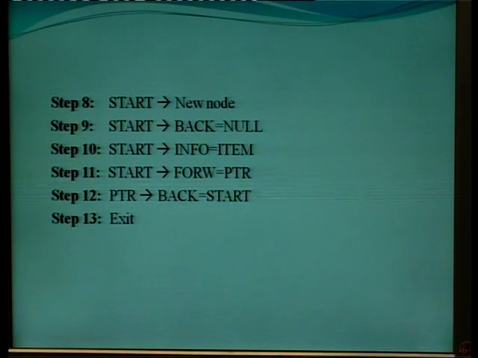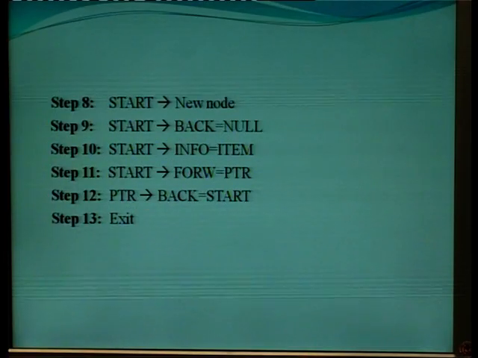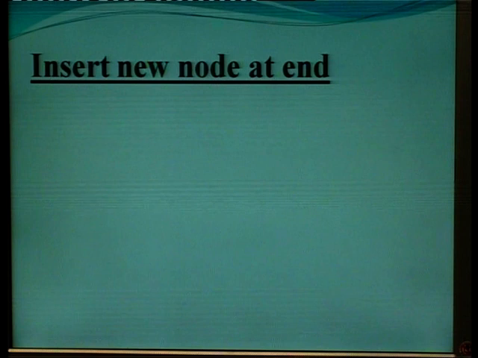Then the new node's back is null, the information stores whatever value is to be stored in that new node, and the forward pointer stores the address of the second node of the doubly linked list. These steps are going to be performed.